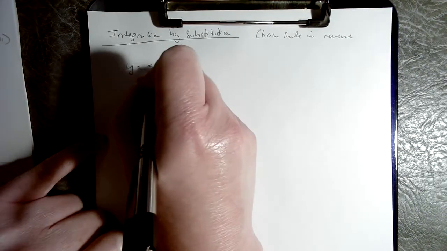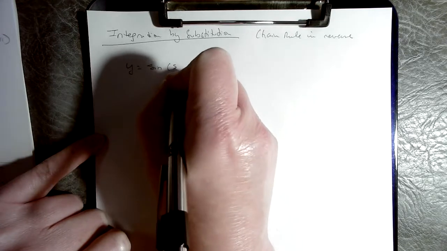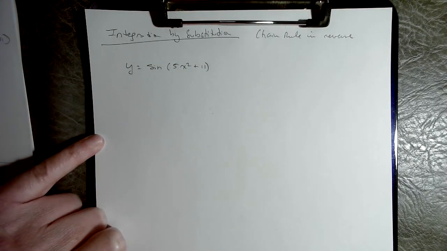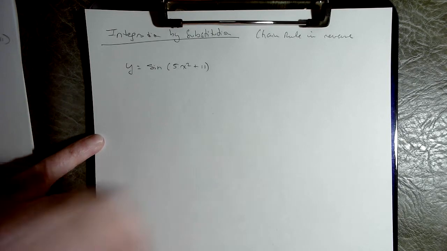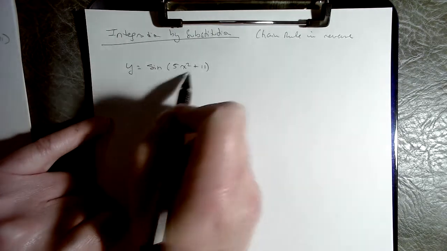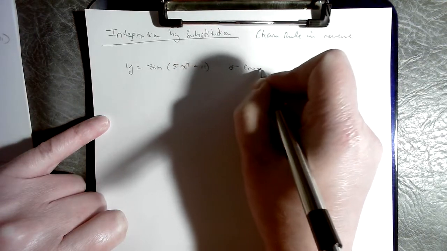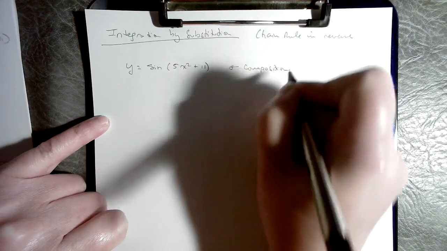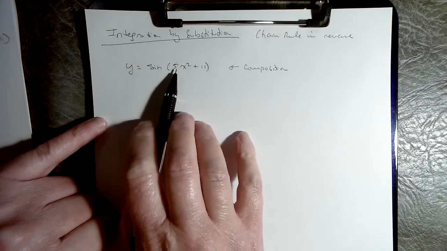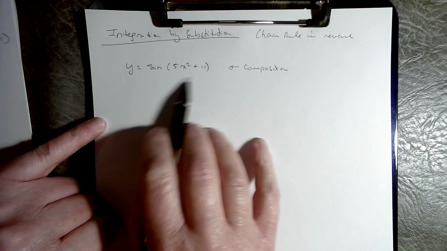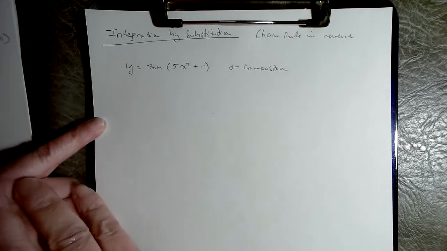Suppose you have a function that looks like this. So y is the sine of 5x squared plus 11. And suppose I'm interested in differentiating that. Well, it's composition of functions because I've got this phrase, 5x squared plus 11, stuffed inside a sine function.